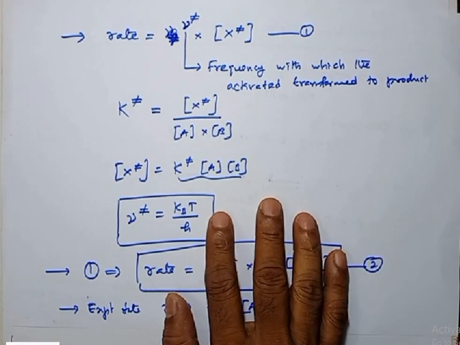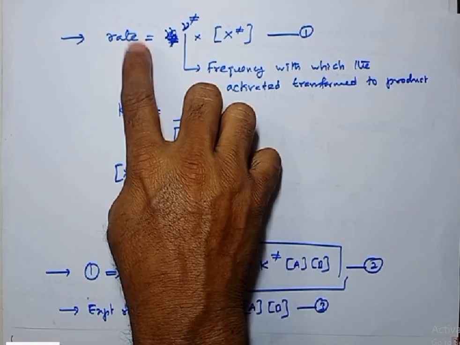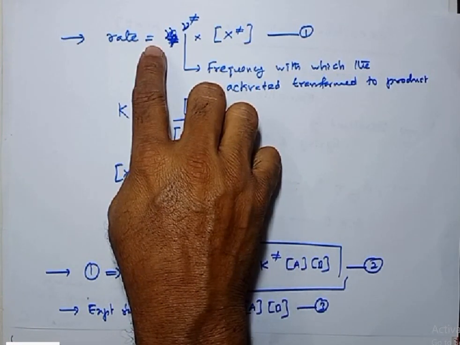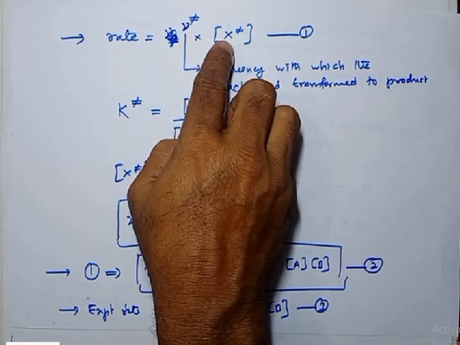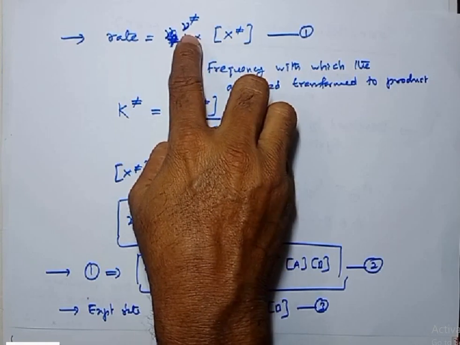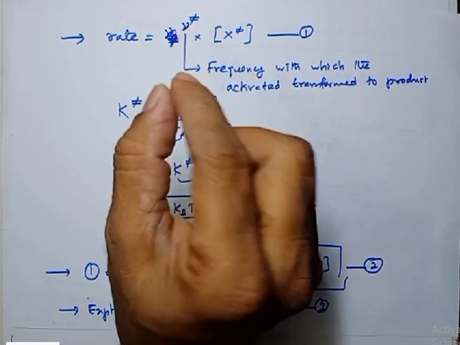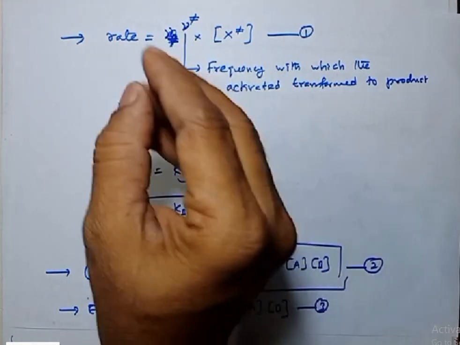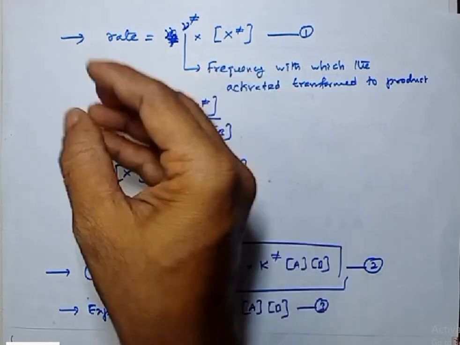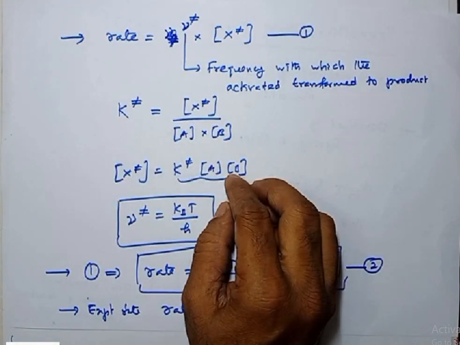Right now, so according to transition state theory, rate of a reaction is equal to, it has two terms. One is the frequency through which the activated complex is transformed into product.